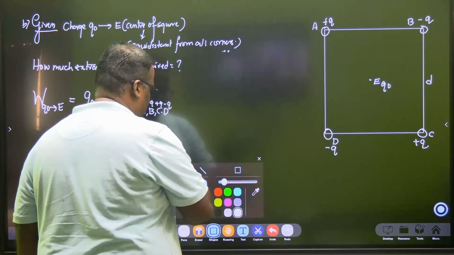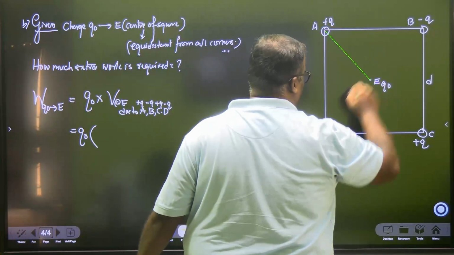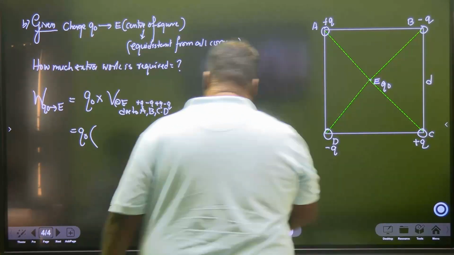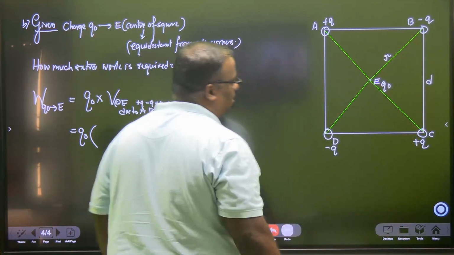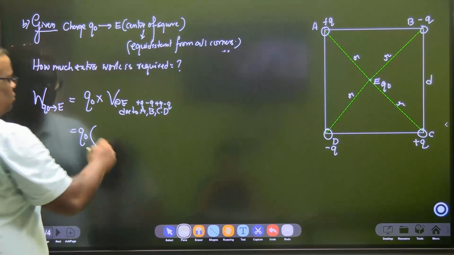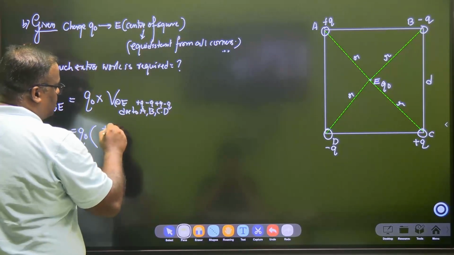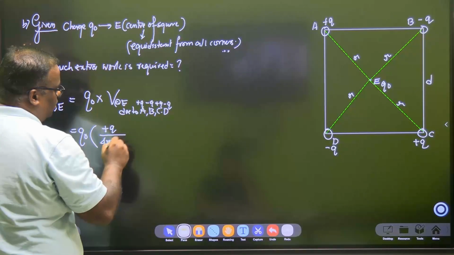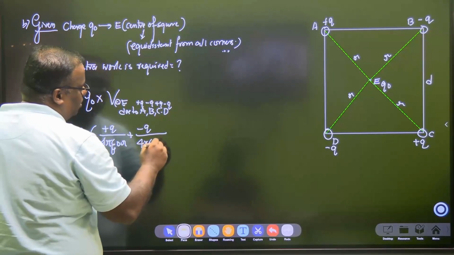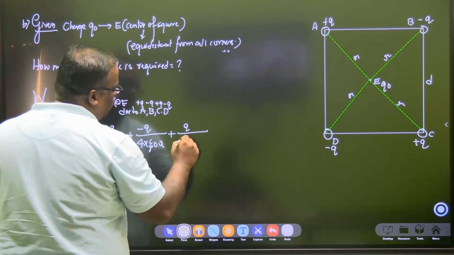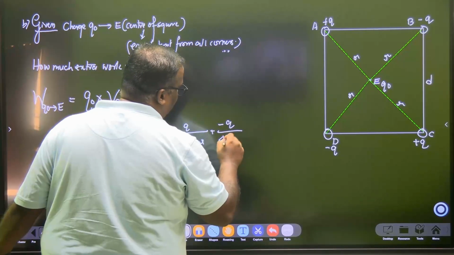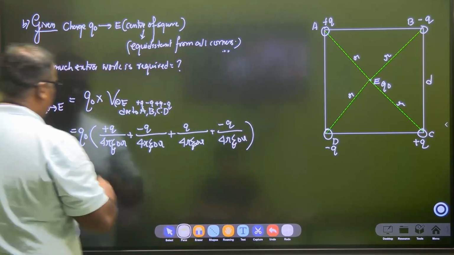This is equidistant, so let us take this distance as some distance R. So all will be R. It will be plus Q by 4 pi epsilon naught R, then minus Q by 4 pi epsilon naught R, plus again Q by 4 pi epsilon naught R, then minus Q by 4 pi epsilon naught R. So the final answer becomes 0.